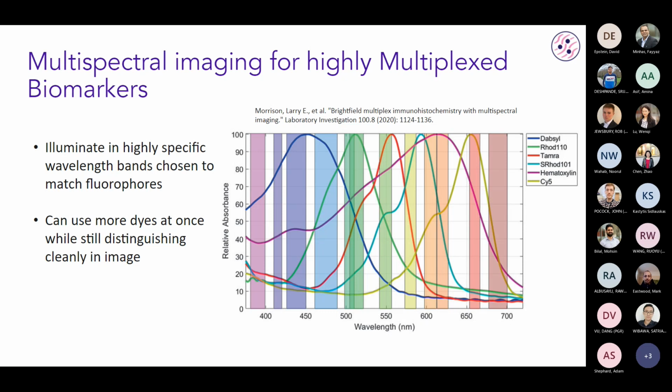And you can do this with RGB, but by choosing these specific illumination bands and using more than just those 3 RGB channels, you can do a much better job of distinguishing these dyes in the same image and therefore get a cleaner multiplexed image out.